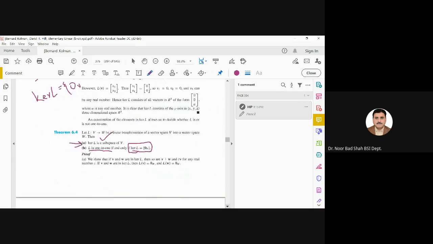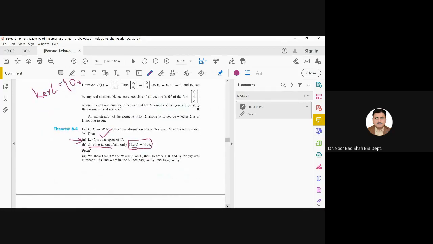This is another way to check whether a transformation is 1-1 or not: check whether its kernel contains only the 0 element or some more elements as well.